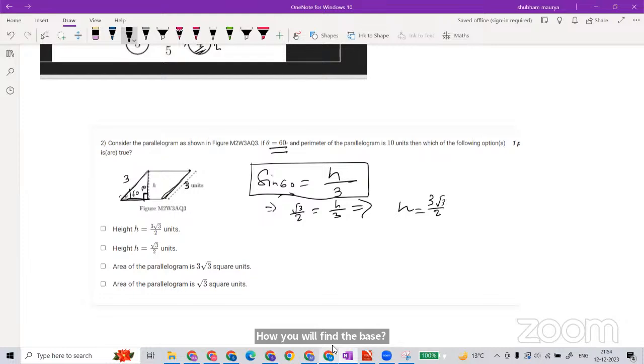Sir, root of hypotenuse square minus perpendicular square.